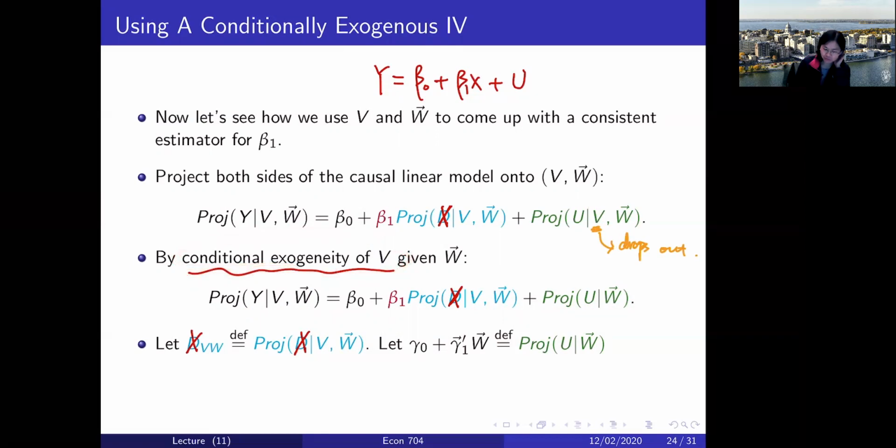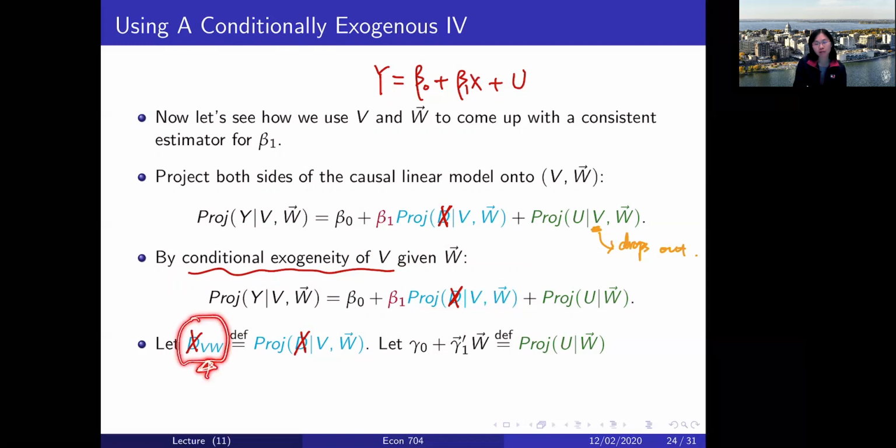The next thing we're going to do is to define the projection of X given V and W. That is a scalar random variable. Even though V and W form a vector, the projection of X on V and W is of the same dimension as X, which is a scalar. We define that projection to be X sub VW.